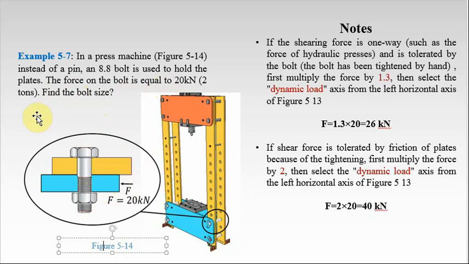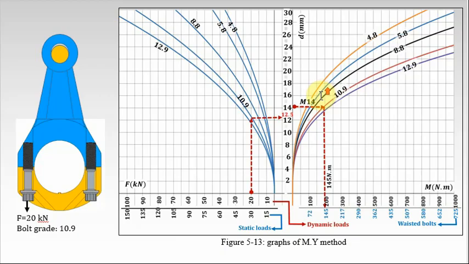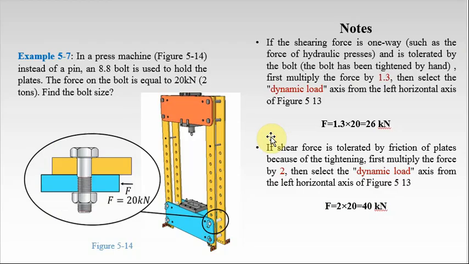In these situations, we have two options. If the shear force is one way, this note is from the book, such as the force of hydraulic presses, and is tolerated by the bolt, or the bolt has been tightened by hand, first multiply the force by 1.3, then select the dynamic load axis from this picture.